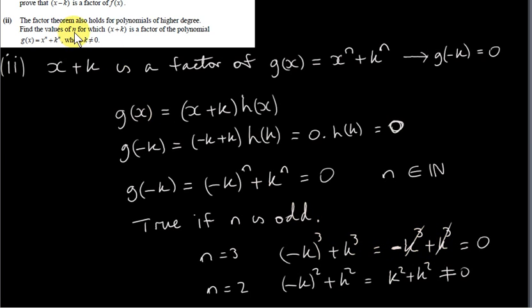So the values of n for which x plus k is a factor of the polynomial g of x are all the odd natural numbers. So n equals 1, 3, 5, 7, 9, etc.